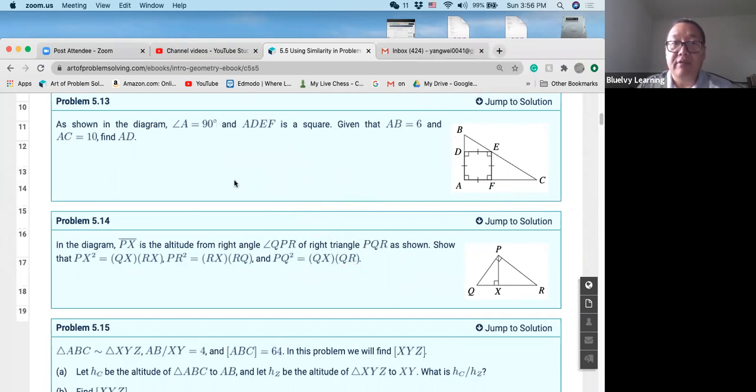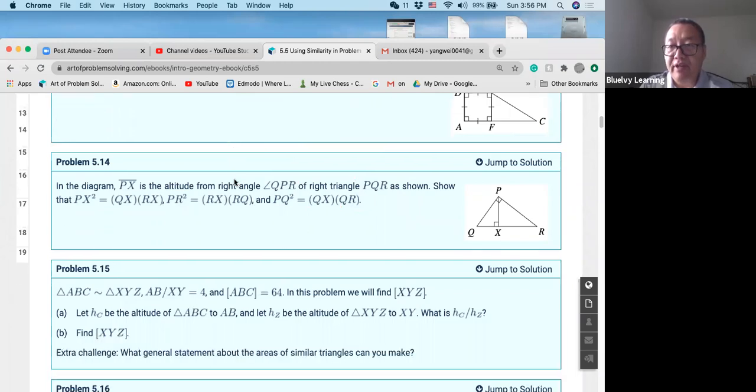Now let's see this problem. See, once again, you see this picture. Every time when I see this picture, I smile. I have seen this one more than 1,000 times. When I see this, I don't need to read the problem at all, and I know I have 3 pairs of triangles that are similar.